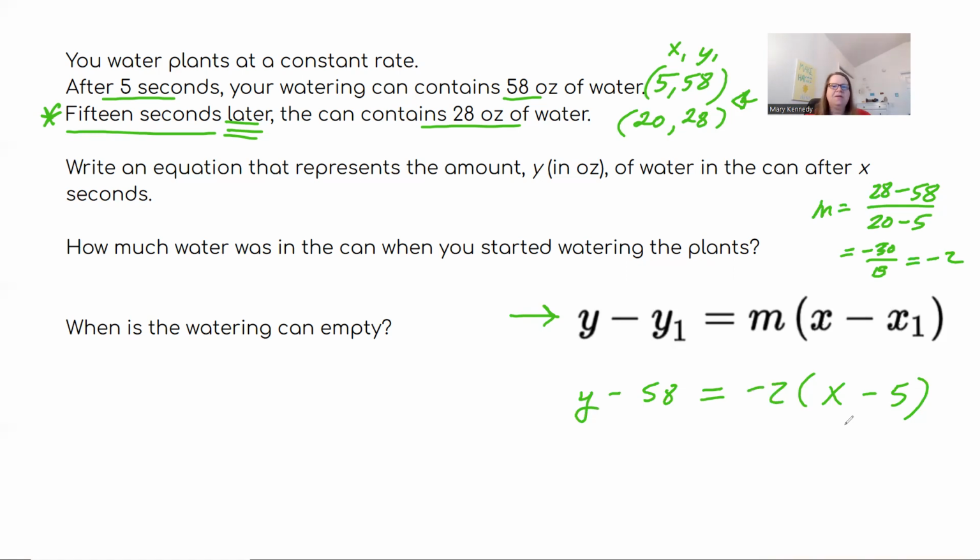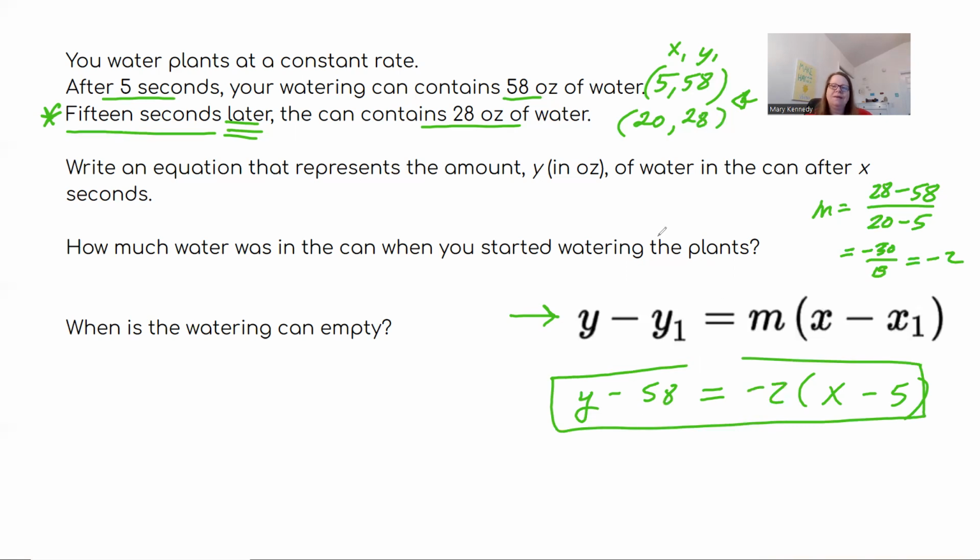So write an equation that represents the amount in ounces of water in the can after X seconds. So, if you're just doing point slope form, then this is perfectly fine.